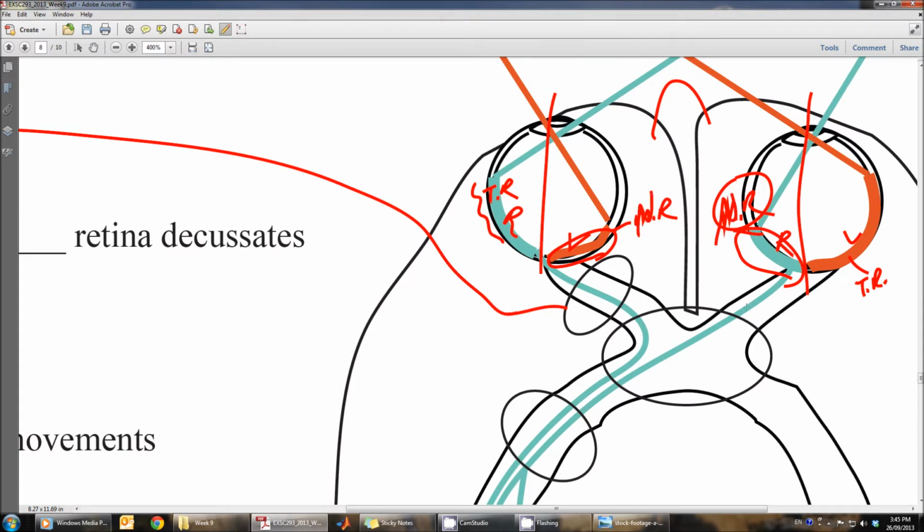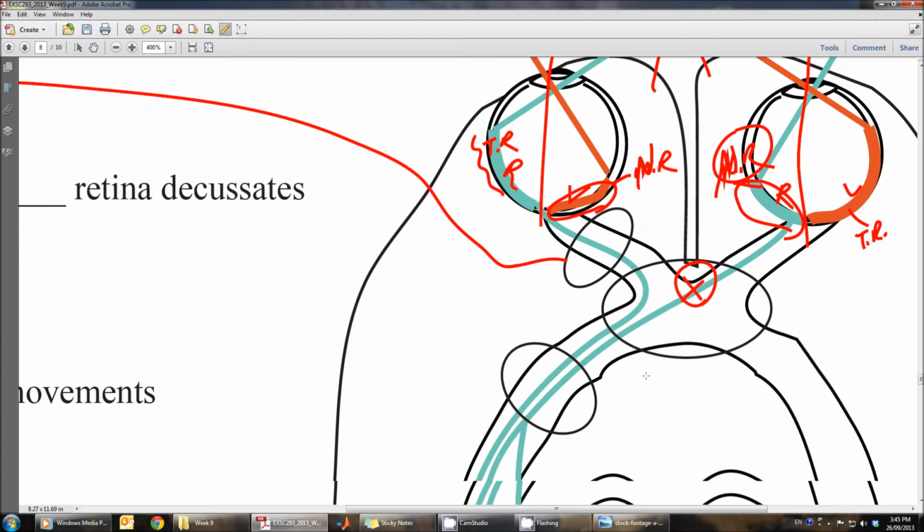So nasal retina decussates, so you can mark this symbol decussation here. And I didn't draw the orange visual field, which is the left visual field, but you can imagine the axon for the nasal retina on the left eye will cross over to the other side, but not the temporal retina. So this is for the orange visual field.